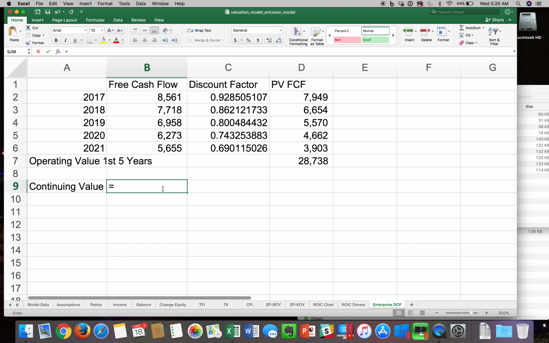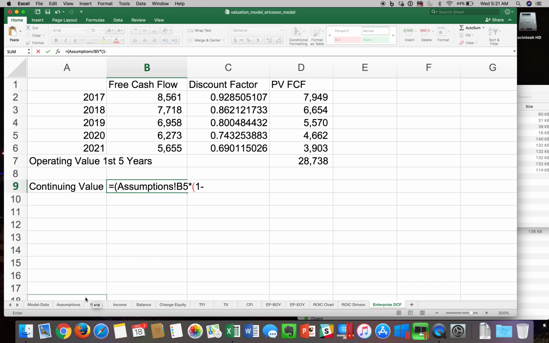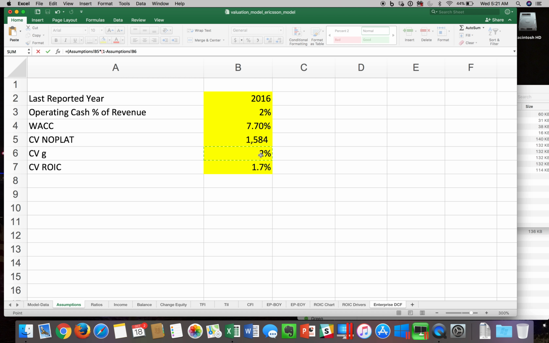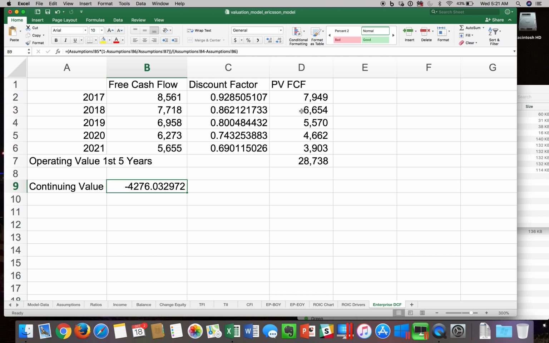So correct order of operations equals left paren, all working off the assumptions tab, expected NOPLAT, times left paren 1 minus, again, back to the assumptions tab, the growth divided by the continuing value ROIC, also known as RONIC, return on new incremental capital, right paren, divided by left paren, the WACC, minus the G, the continuing value G. So that would be the value into perpetuity.